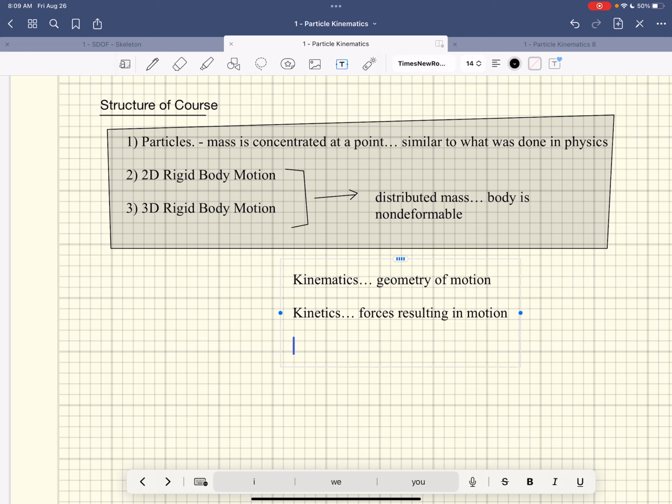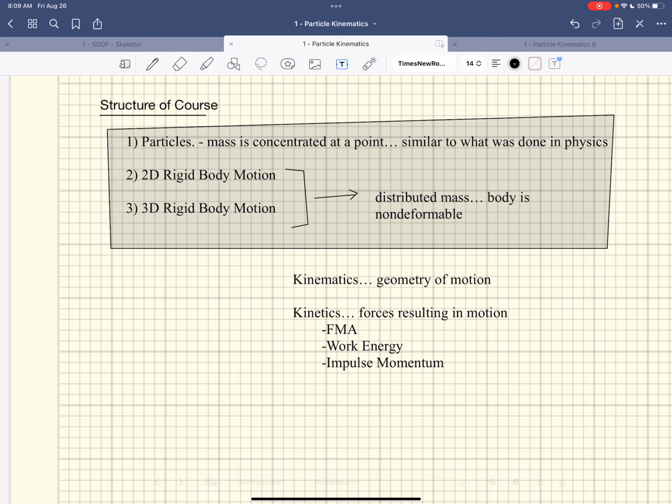We're going to solve kinetic problems using 3 methods. We're going to do force, mass, acceleration. Then we're going to do work energy. And then we're going to finish up with impulse momentum. So that's the path for each one of those things.